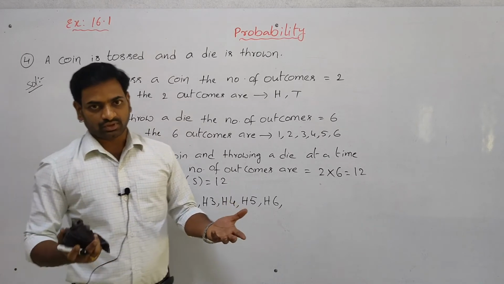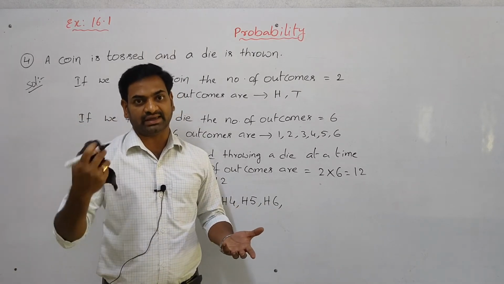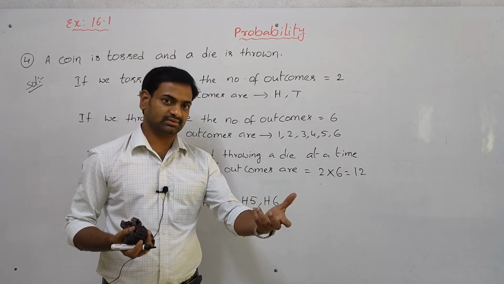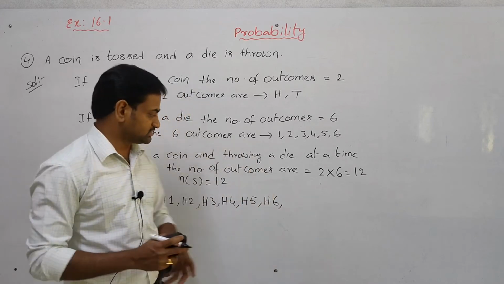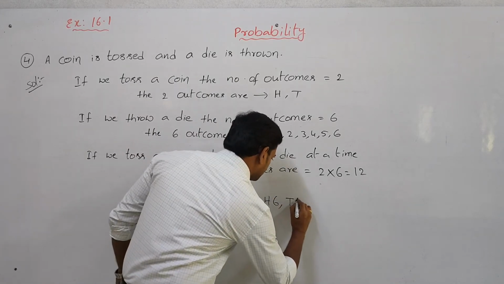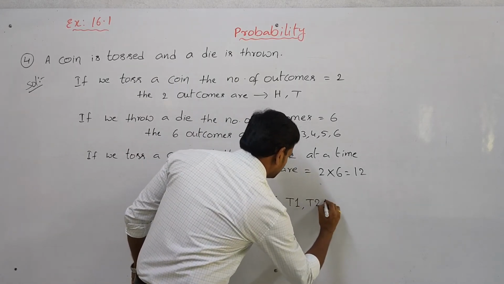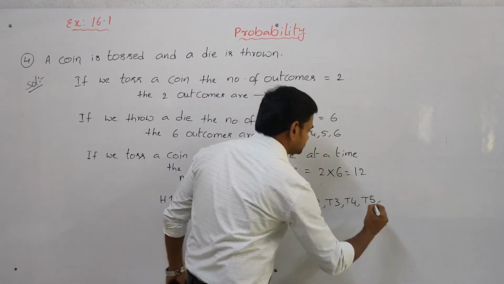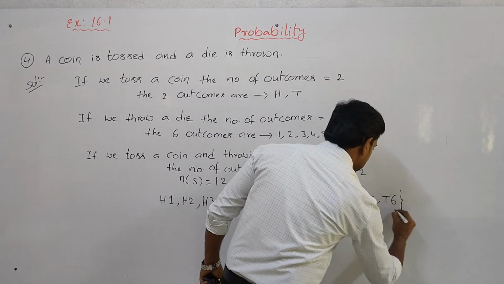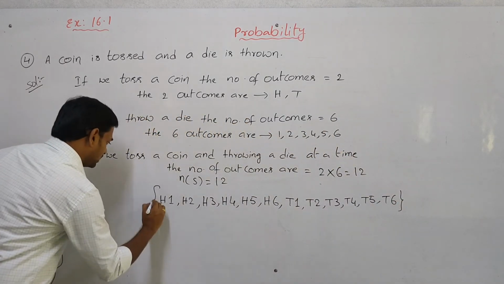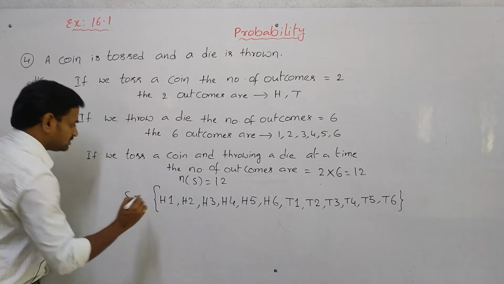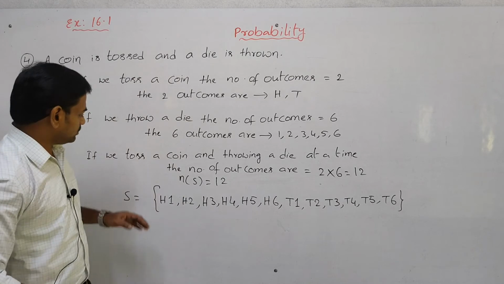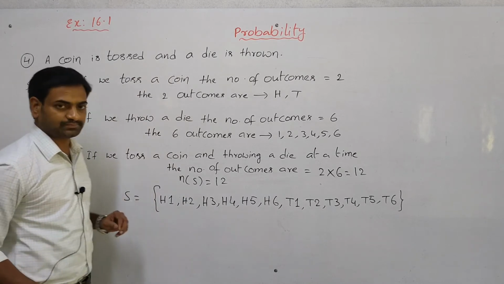Next, suppose on the coin I get tail, then on the die again 6 possibilities. That is tail 1, tail 2, tail 3, tail 4, tail 5, tail 6. That is the 12 outcomes for the sample space S.